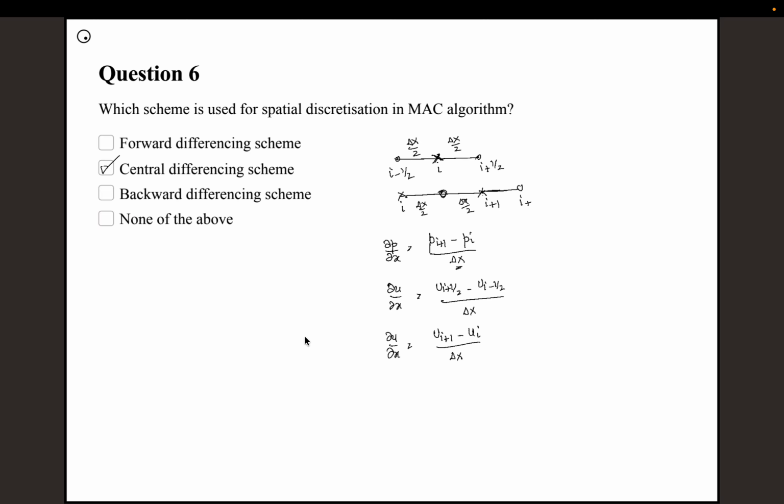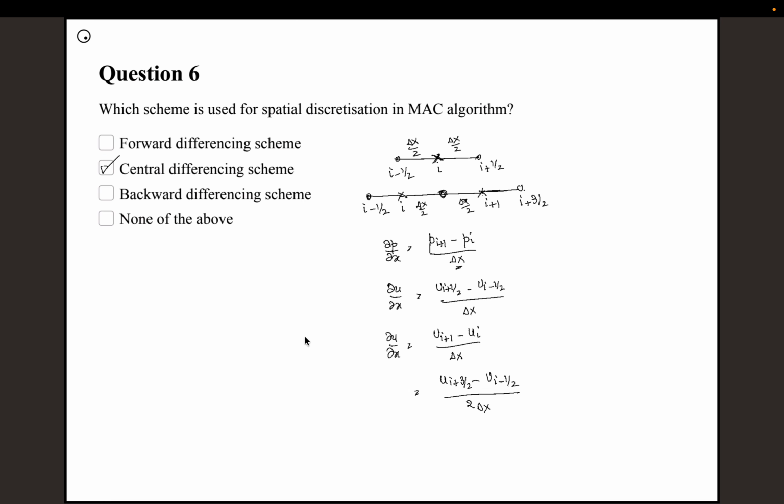We have I plus 3 by 2 and we have I minus half. So essentially what we are doing is again central differencing, but on a bigger stencil, which will give me ui plus 3 by 2 minus ui minus half by 2 delta x, which is also central differencing.